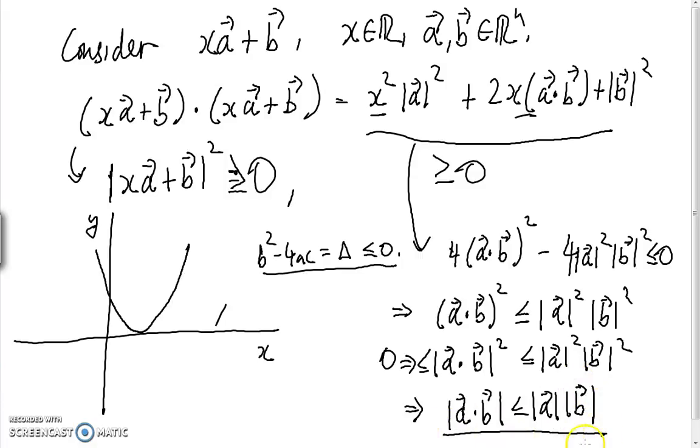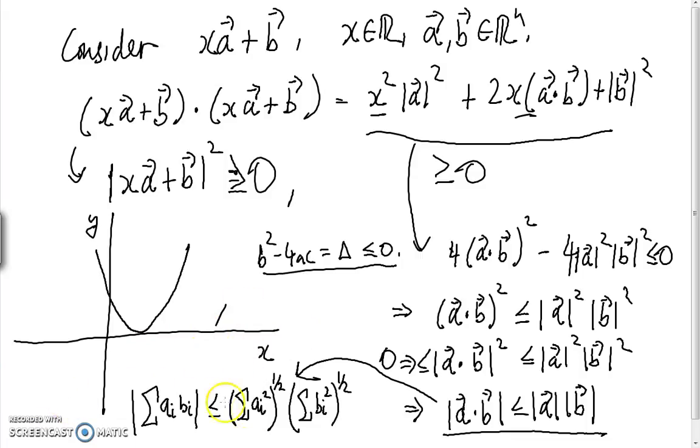That's a really nice inequality, and it's really useful. You can also rewrite it in a bunch of other ways, using a summation, and it's commonly expressed like this, which is how you'll usually see it. So that's the Cauchy Schwarz inequality.